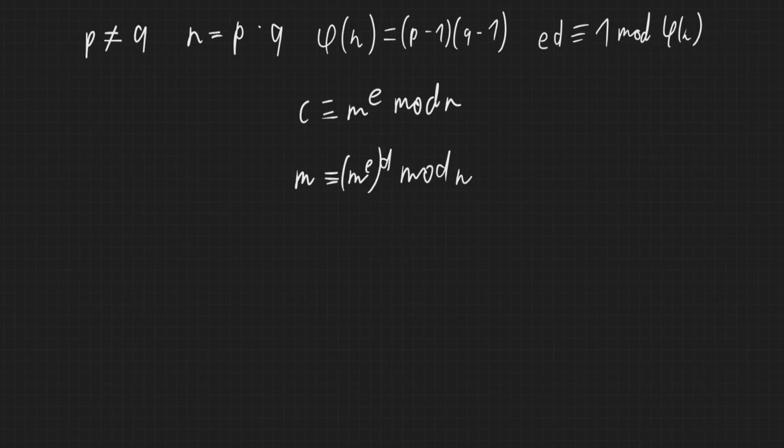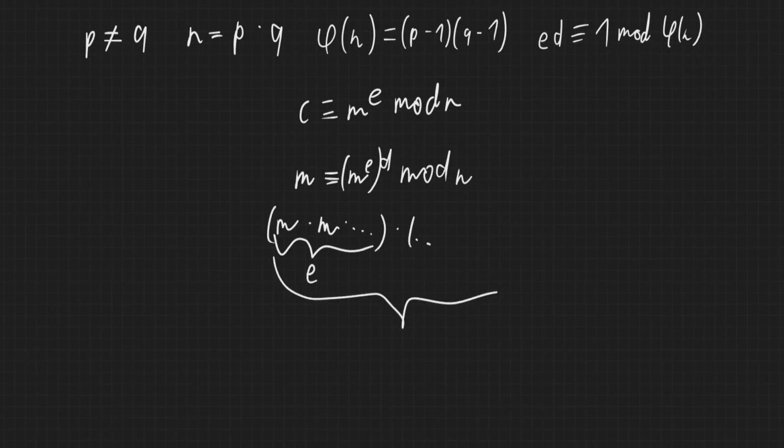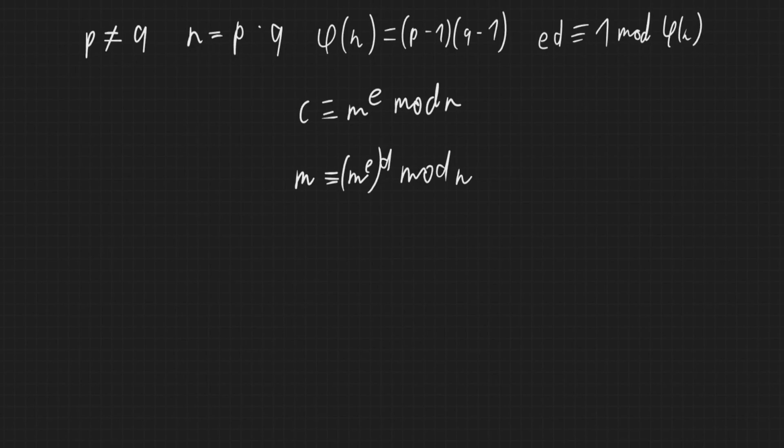And now we see that basically everything we're doing is we're multiplying m by itself e times, and multiplying the result of that by itself another d times. So actually, we're just multiplying m by itself e times d times, which means that we can write this simply as m to the e times d.